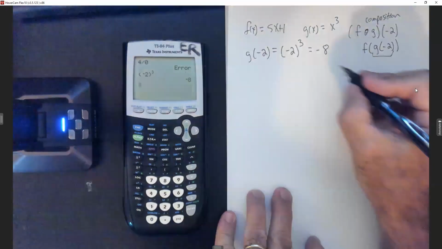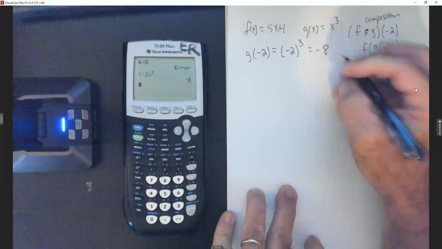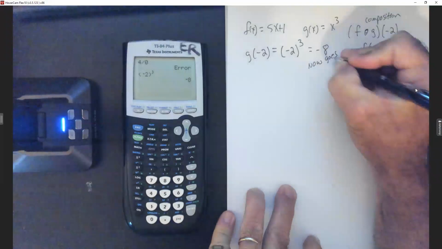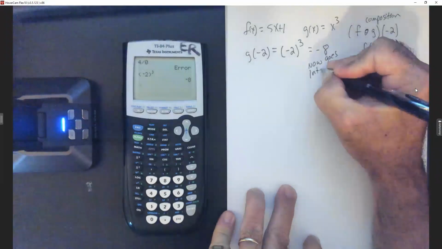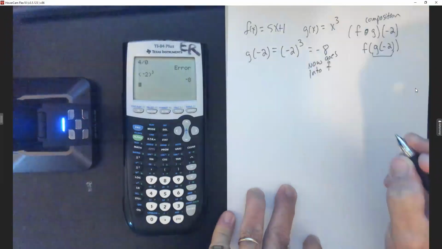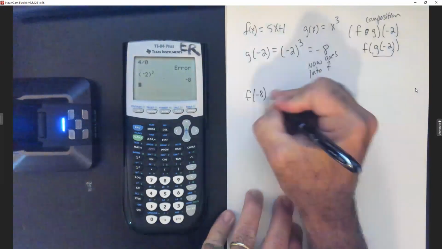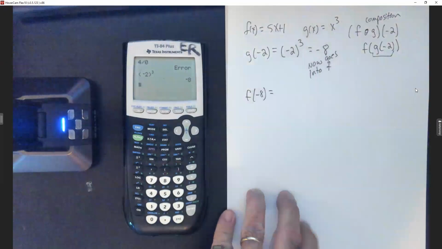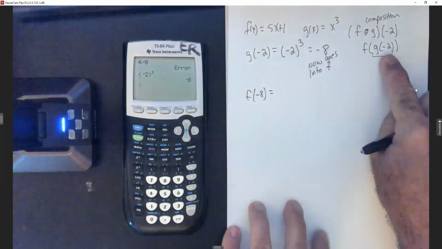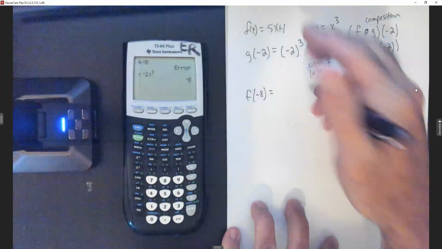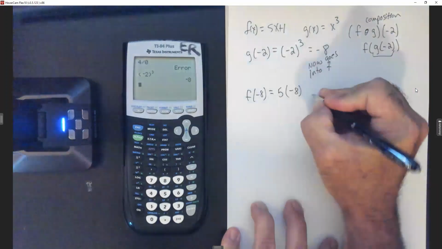So since g of negative 2 gave me a negative 8, this negative 8 now goes into the f equation, which means you're going to find me f of that negative 8. Right? So negative 2 into g, that gave me negative 8. Negative 8 now goes into the f, which will be 5 times x, which is negative 8, plus 1.